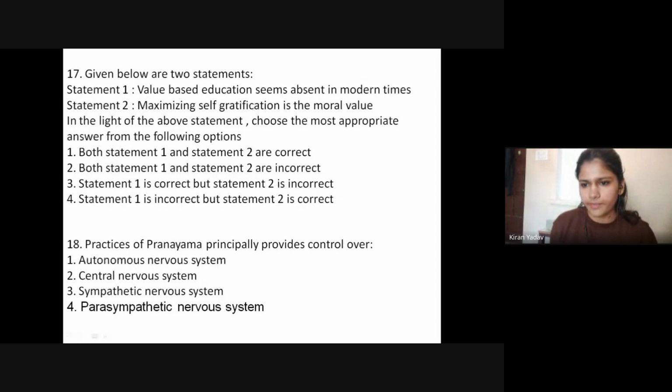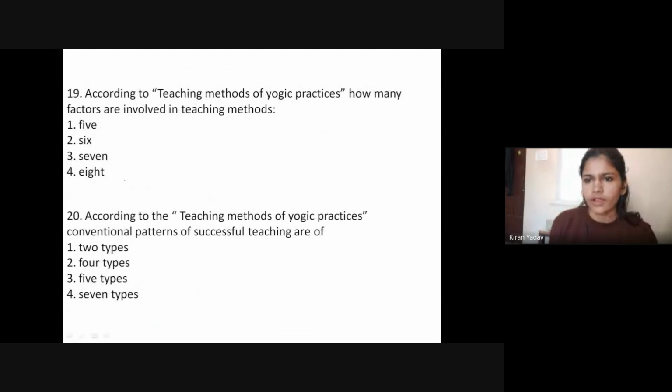Practices of pranayam principally provide control over the autonomous nervous system, central nervous system, sympathetic nervous system, parasympathetic nervous system. According to teaching methods of yogic practices, how many factors are involved in teaching methods? 5, 6, 7, 8.